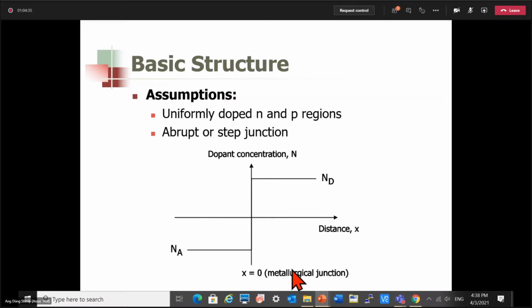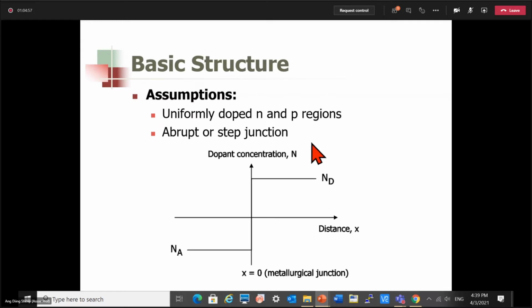So at the metallurgical junction, the doping type changes abruptly from P to N or from N to P. Okay, so it's a step change in the doping profile. And because of this step change in the doping profile, we call this an abrupt or a step junction.